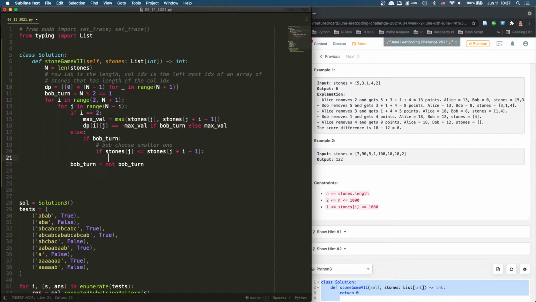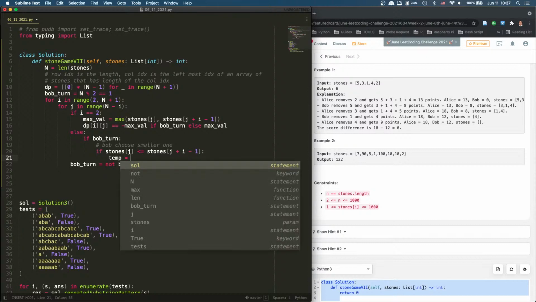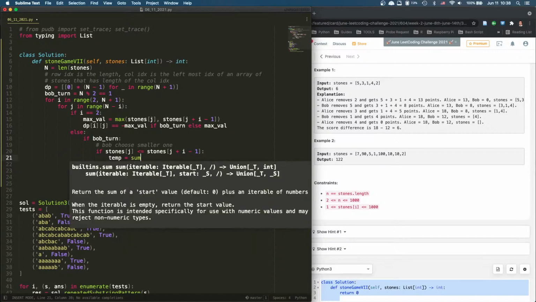If that's, then Bob choose the smaller one, so Bob choose stone j. So we say temp value, so temp equals to sum, right?